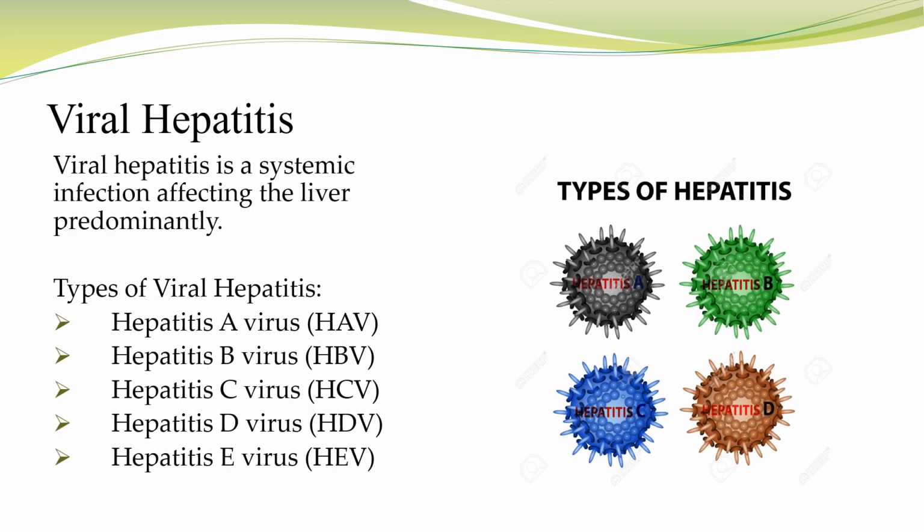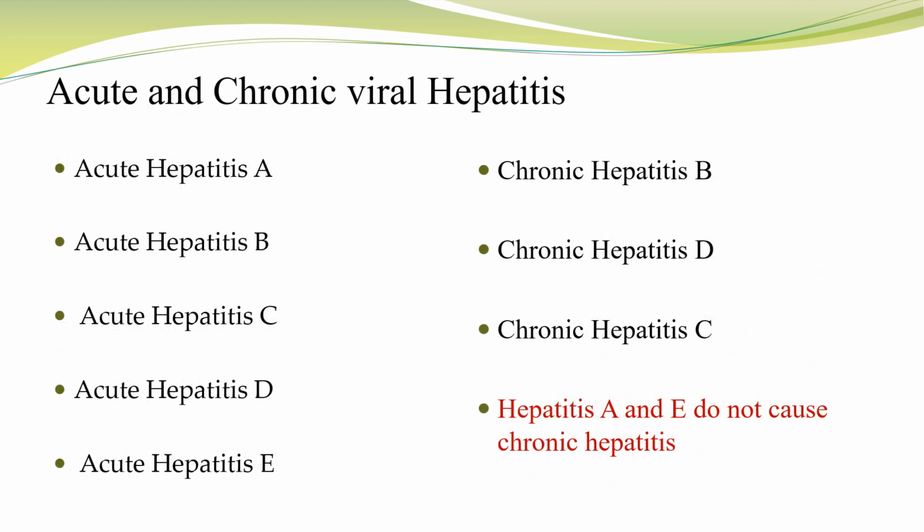Viral hepatitis is a systemic infection that mainly affects the liver. We have five types of viral hepatitis: type A or hepatitis A virus, hepatitis B virus, C, D, and E. Viral hepatitis can cause both types of hepatitis, acute and chronic.